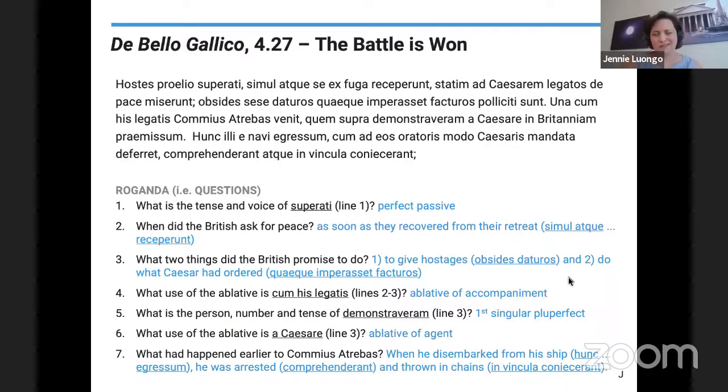So we've talked about this cultural thing where, to ensure that they remain peaceful, they would send sons and daughters of the ruling family or whatever, to make sure that they continue to be good.